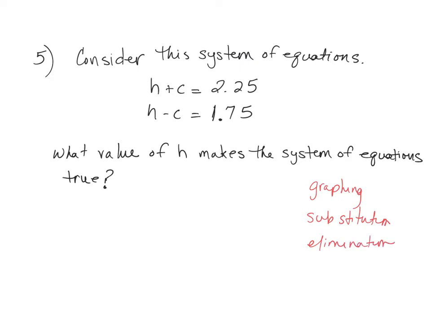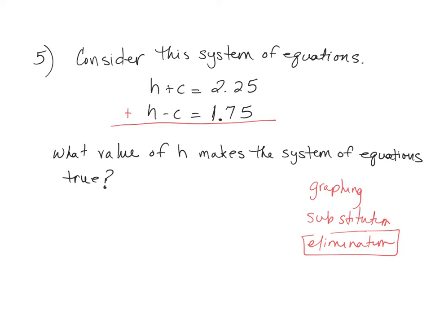Now, this system of equations is set up perfectly to solve by elimination. Because in elimination, what you're doing is you add the 2 equations together, so that one of your variables will cancel each other out.